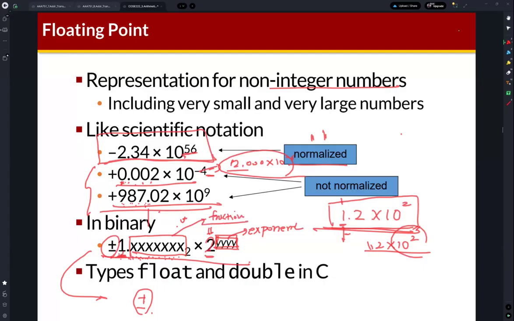Okay, so in order to represent the floating point number, we require a sign bit, an exponent part, and a fraction part. Okay, and then in C, you can find the data types float and double. So float represents the floating point number, and for float we use 32-bit data, and double is 64-bit data.